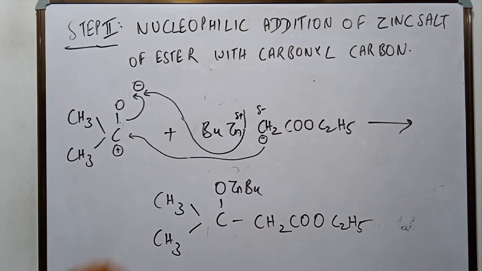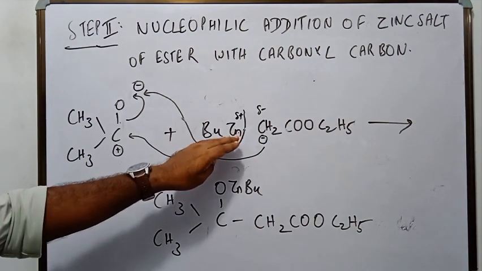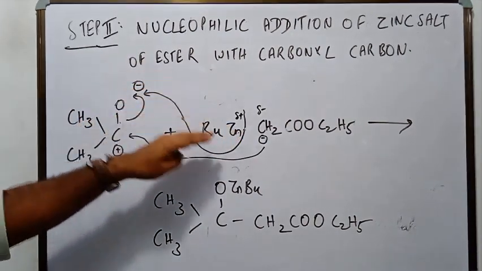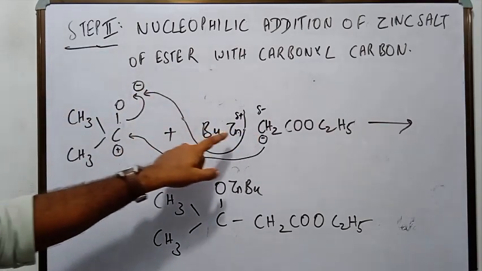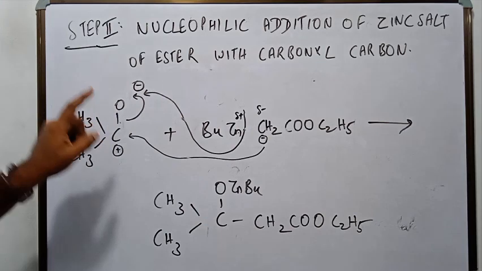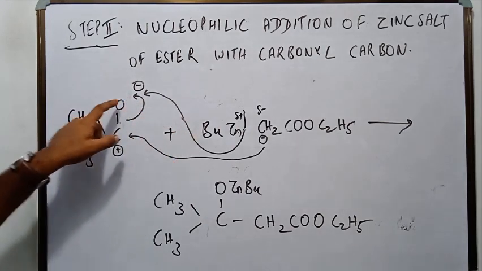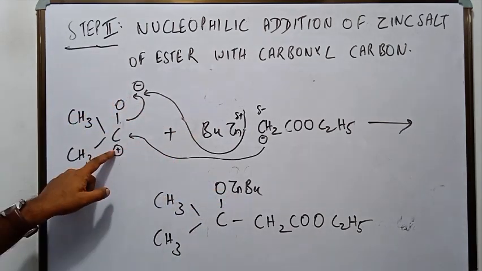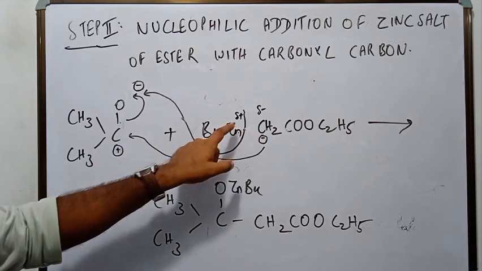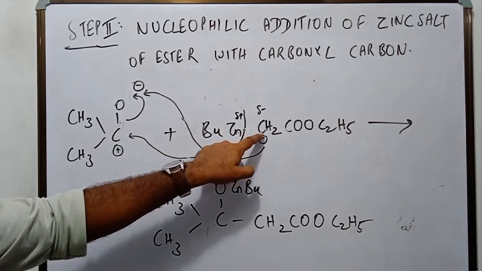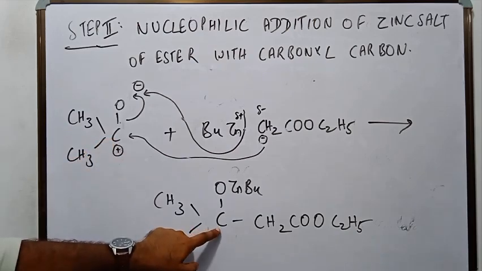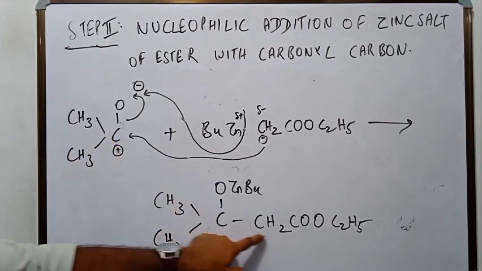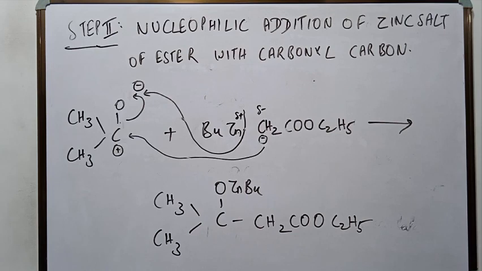What happened? Zinc has a character of going to a more electronegative atom. Compared to carbon, oxygen is more electronegative. So zinc will go to oxygen. When zinc goes to oxygen and becomes OZnBr, this side becomes positive. When zinc goes, it leaves the electron pair here. With the result, the carbon anion now goes to the electrophilic carbonyl carbon, resulting in this product.